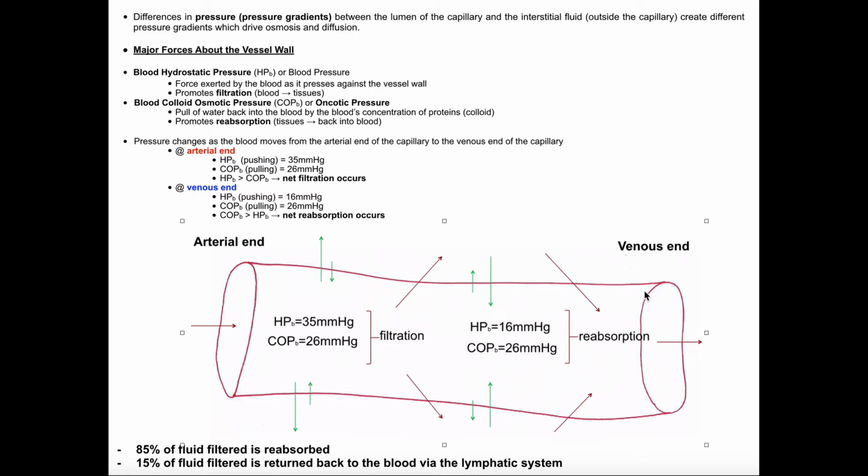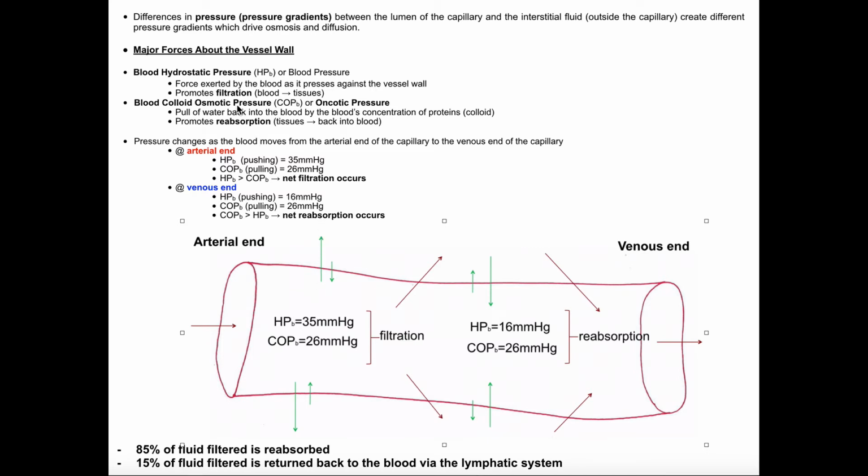So at any point in this capillary, we have two competing forces: the blood hydrostatic pressure and the colloid osmotic pressure. The blood hydrostatic pressure, remember I mentioned that its direction is from the blood out into the interstitial area. So it's going to tend to want to force fluid out of the capillary and into the interstitial area.